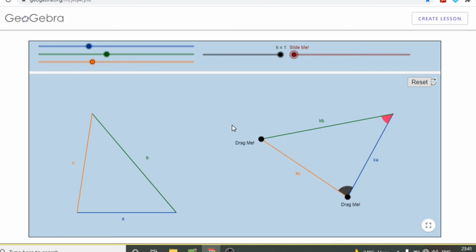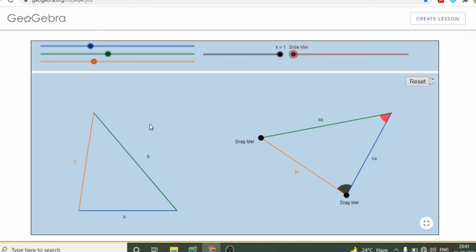Let's see an interactive demonstration of this theorem. According to SSS similarity criteria, we know that if in two triangles all the three sides are in the same ratio, or all the three corresponding sides are proportional, then the triangles are similar.